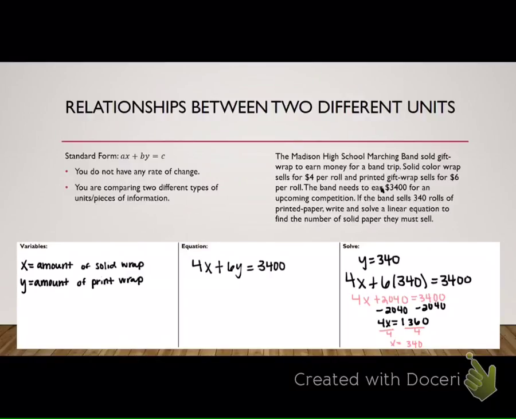Riley, what would you say? Madison Municipal Marching Band sold 340 rolls of printed paper and 340 rolls of solid paper. For how much money?